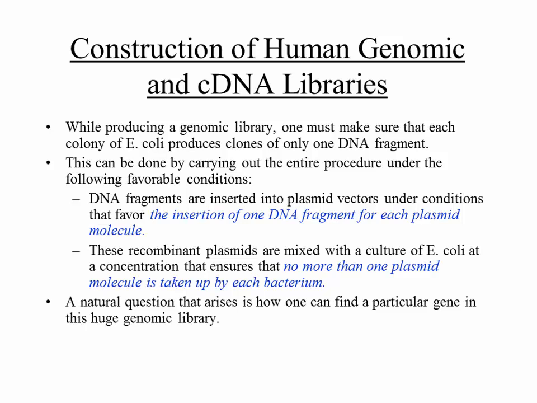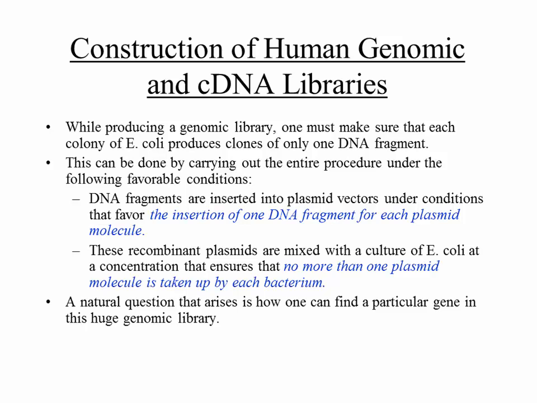Another thing, while you're producing a genomic library, you have to make sure that each colony of E. coli is producing clones of only one DNA fragment. So you want to make sure that each E. coli is taking up only one plasmid, and each plasmid is taking up only one DNA fragment, because you want separate clones for each of these DNA fragments. This can be done by carrying out the entire procedure under the following favorable conditions.